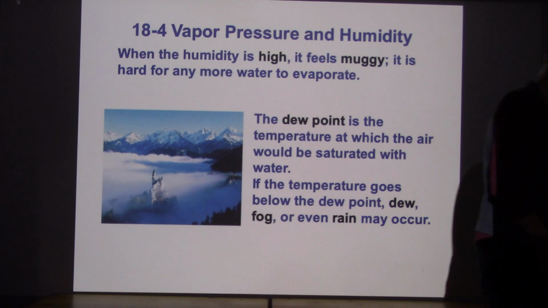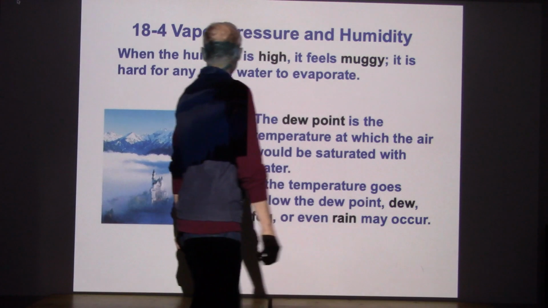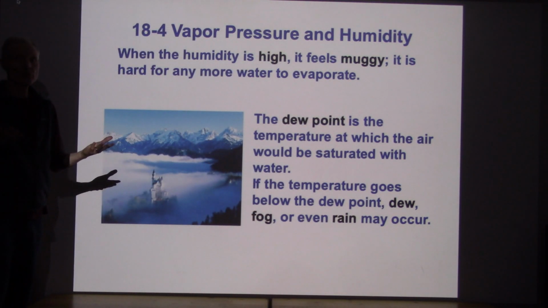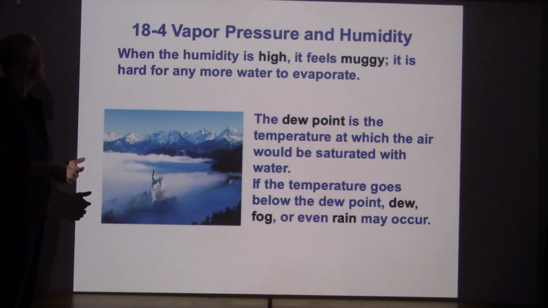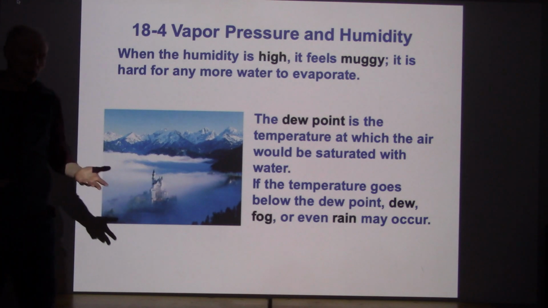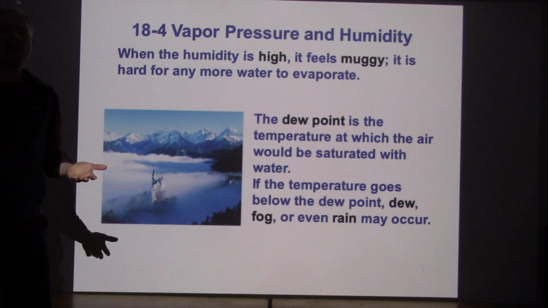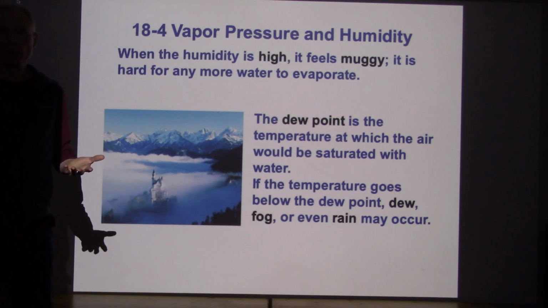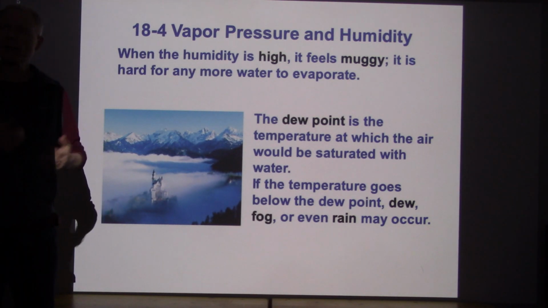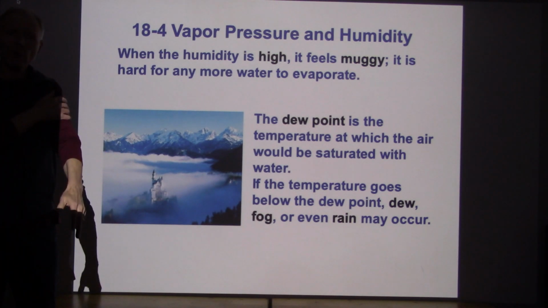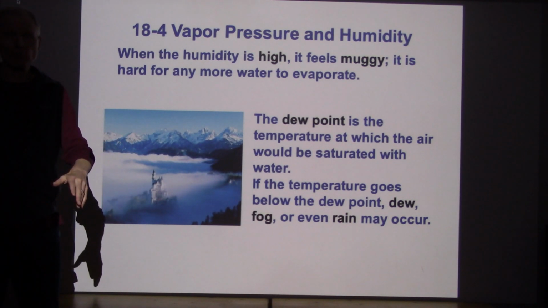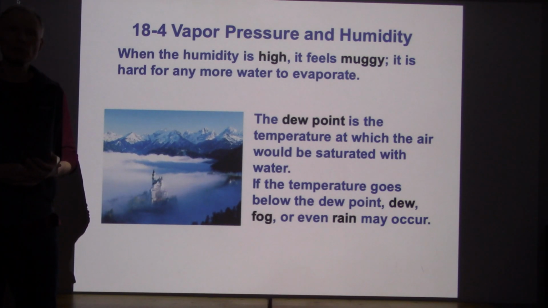And this is just more of the same, I guess. What it's showing here is that when the humidity is high, it feels damp, it feels muggy, and it's very hard for water to evaporate. Now, a lot of our cooling, if we're out being very active, and especially if the temperature outside is pretty high, depends on evaporation of water off our surface. We sweat, and that water evaporates, and that helps keep us cool.